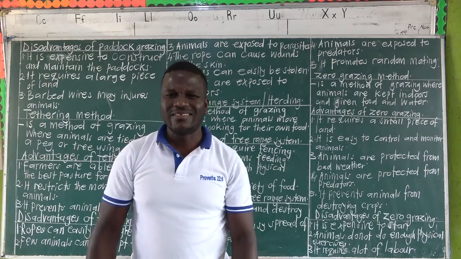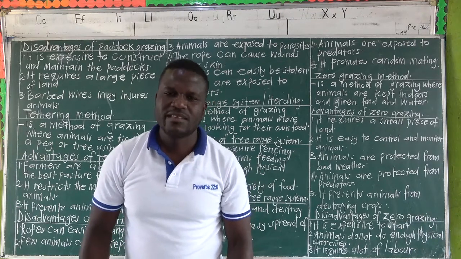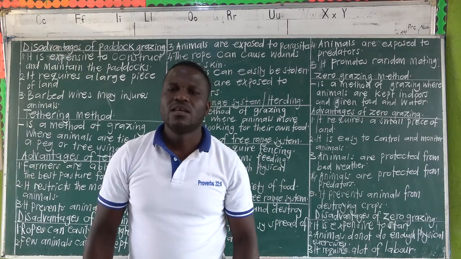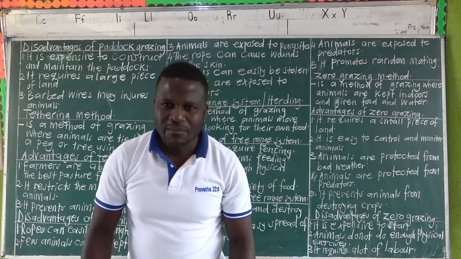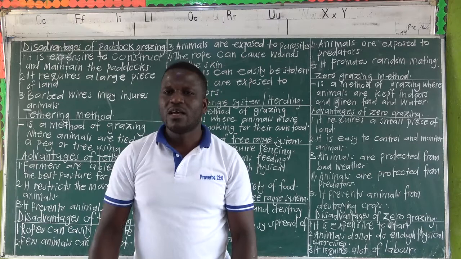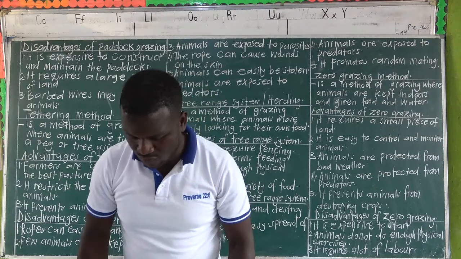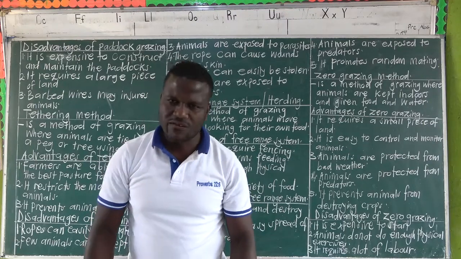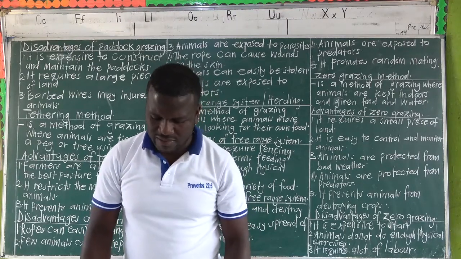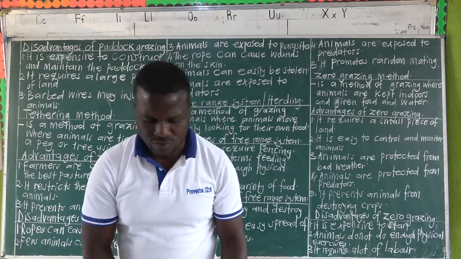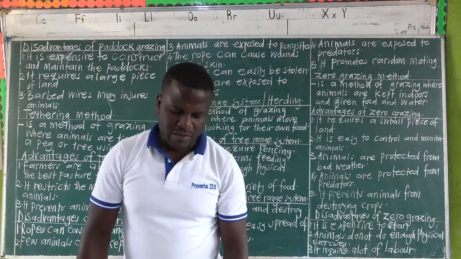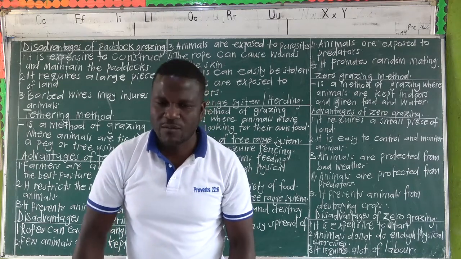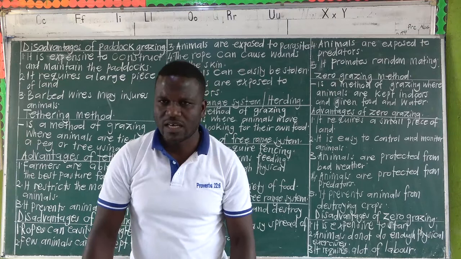What bad things do we do to animals when they are eating food, when we take them to the abattoir to be slaughtered, when we are transporting them from one place to another? Then after that, we shall look at starting and managing a livestock farm. Which factors do we need to consider?